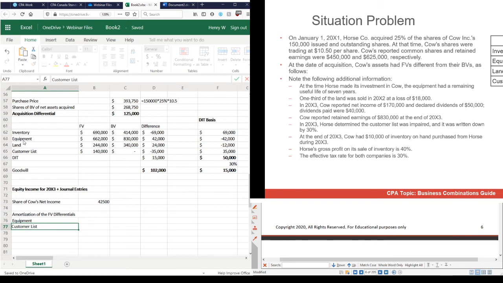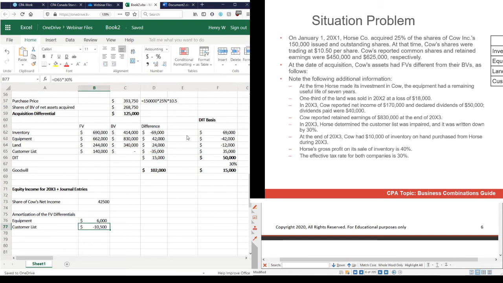So remember, equipment is 42,000, and the years is 7. That's the first bullet point: 6,000. Customer list is 35,000, and we need to amortize that for 30% because it was determined to be impaired in 20X3.